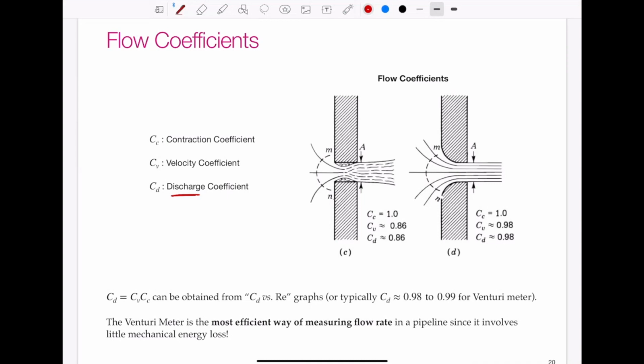The velocity coefficient is just the ratio of the actual velocity divided by the ideal velocity going through a flow device, and the contraction coefficient is the ratio of the area of the flow stream after the flow device divided by the nominal area, so the area of an ideal flow device, the geometry of that flow device. So for a Venturi meter and a bell mouth, we tend to have values around here.